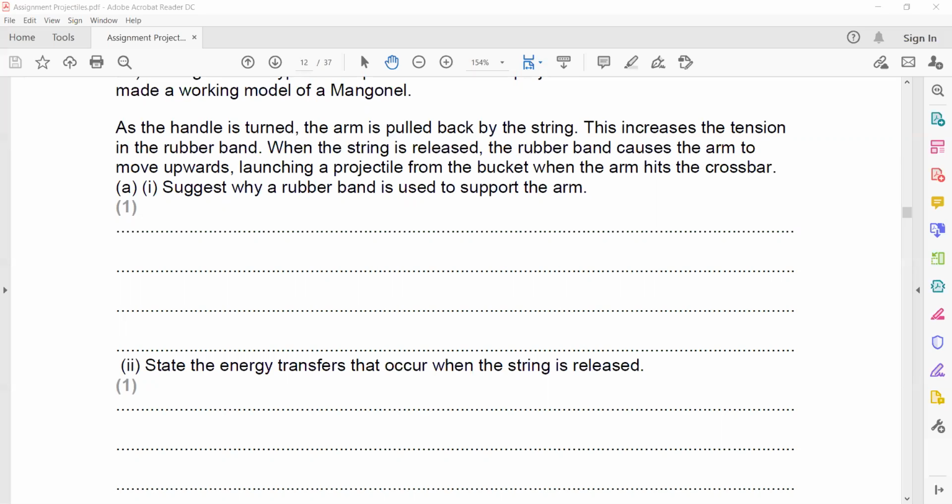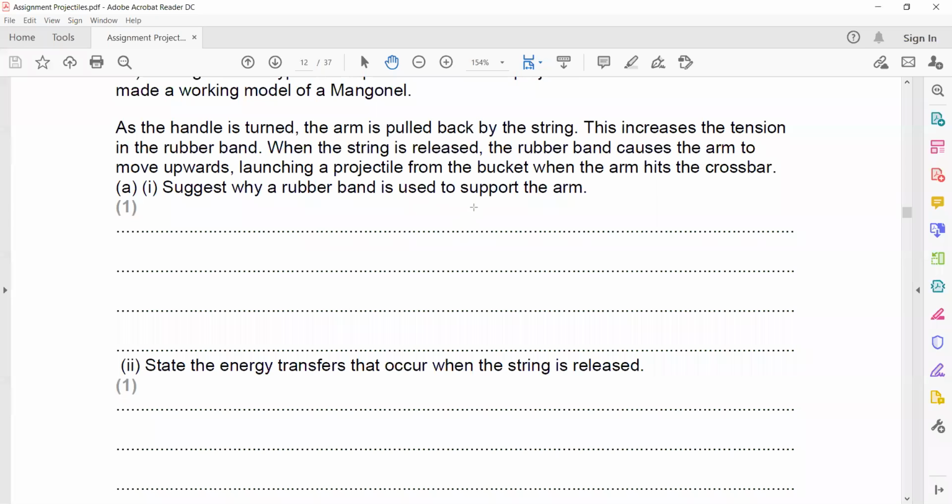So mainly, why is it not directly just thrown? Why is a rubber band used? Because a rubber band can store energy. First, when we stretch the rubber band, it will store energy, and when we release, it will transfer energy.